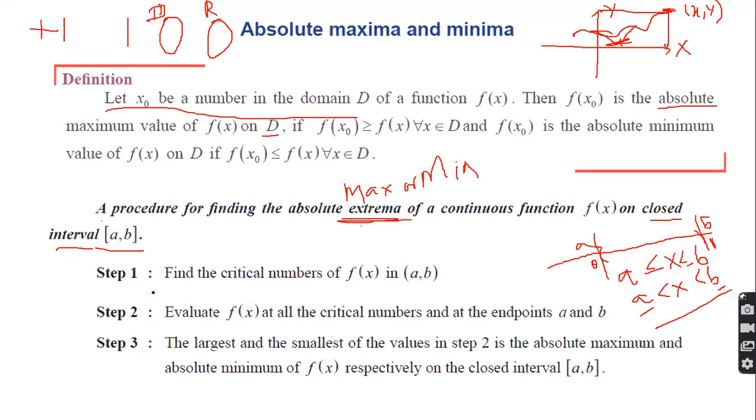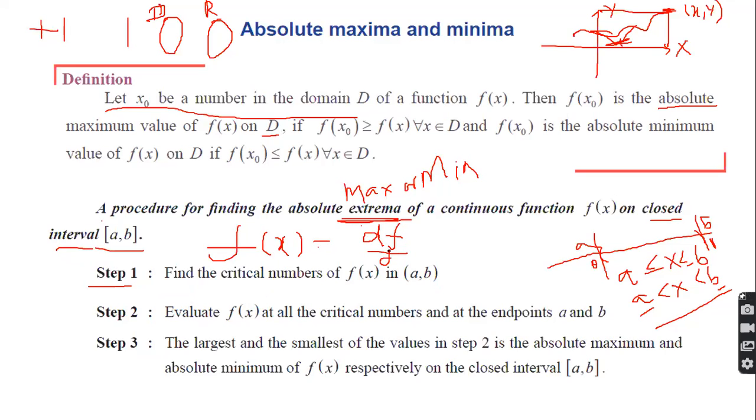What is the procedure to find the maxima and minima? First step: some f of x is given. You have to find the critical number of f of x in a comma b. What is called the critical number? If f of x is given, then you can find df by dx.